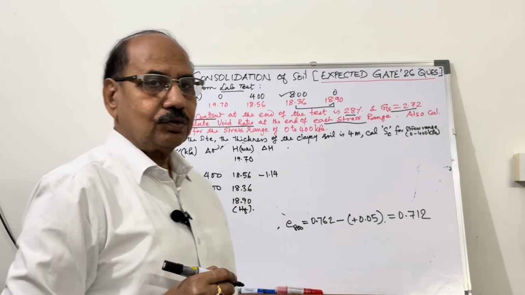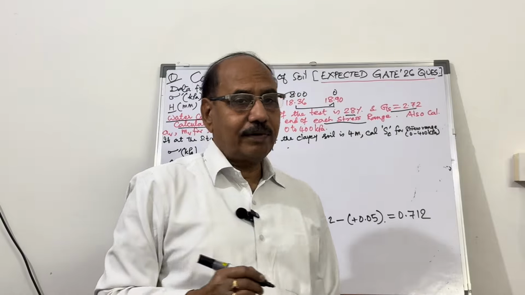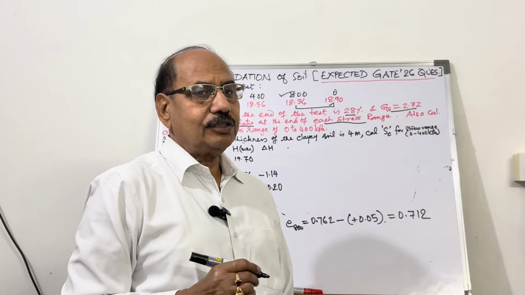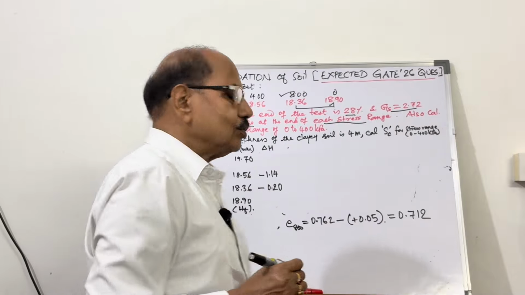Then it goes from 18.56 to 18.36, so minus 0.20 millimeter. And then it swells from 18.36 to 18.90. So it becomes plus because it swells, so it becomes 0.54.